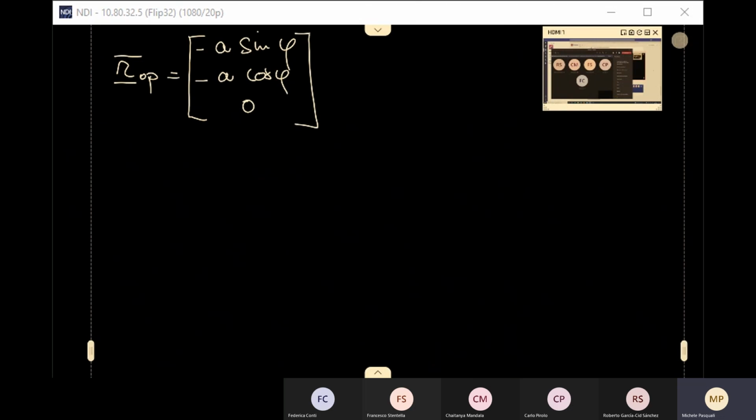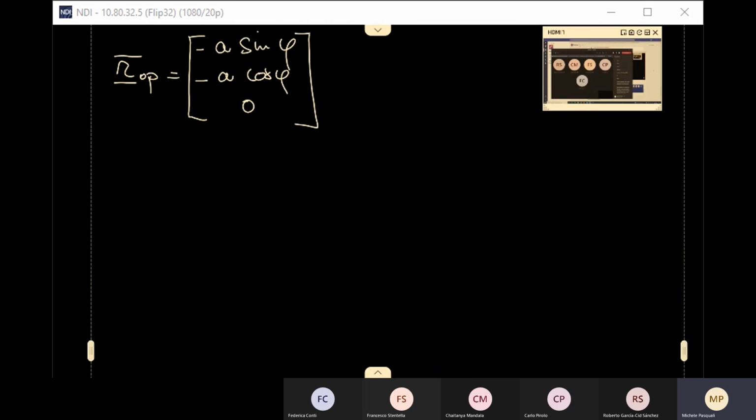This is in the local frame. Does it make sense? Yes, because it has 0 component along the third axis, because the third axis B3 is normal to the coin. So the contact point, of course, has to be on the surface of the coin. So that's why it has no normal component.